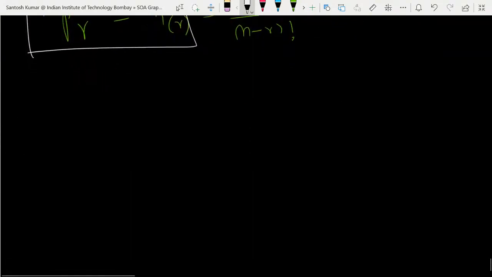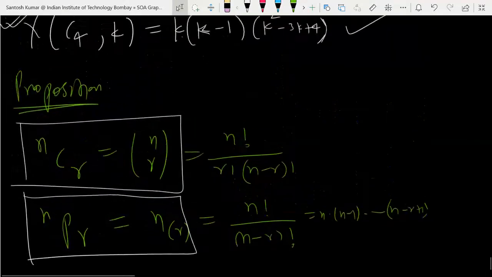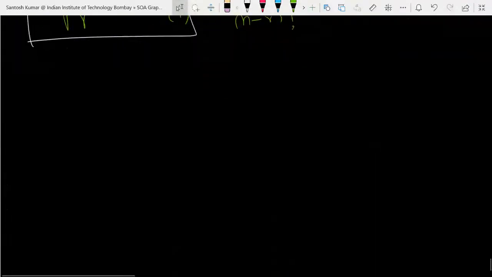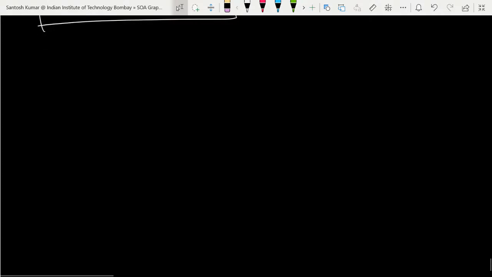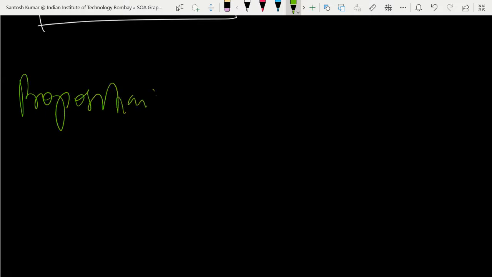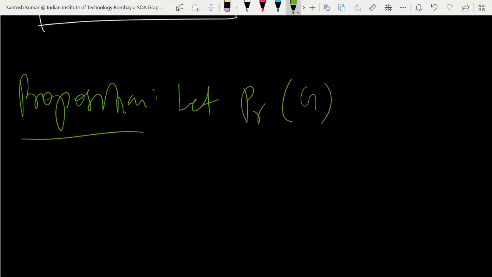Okay, so let me continue. So actually, I would like to write this polynomial as a result. So the proposition continues. So let Pr of G, just see this.